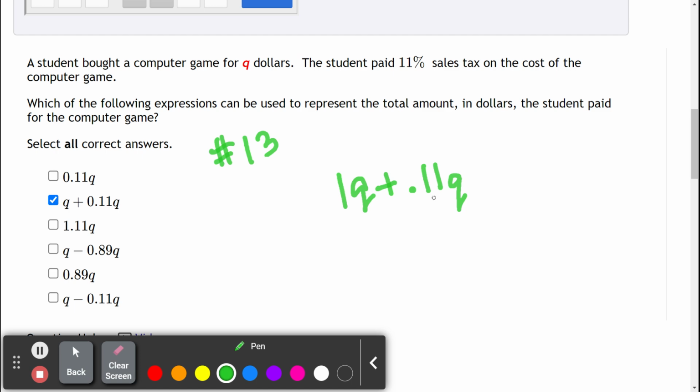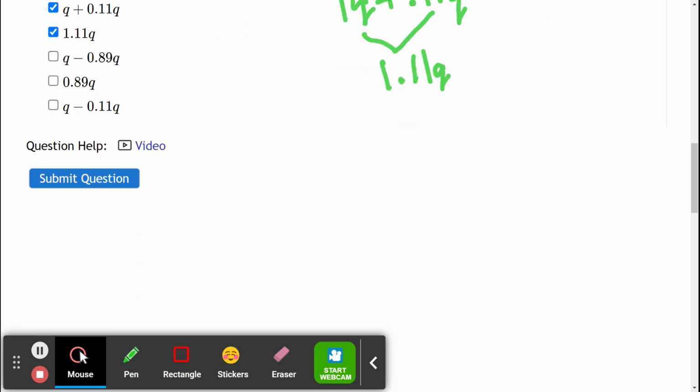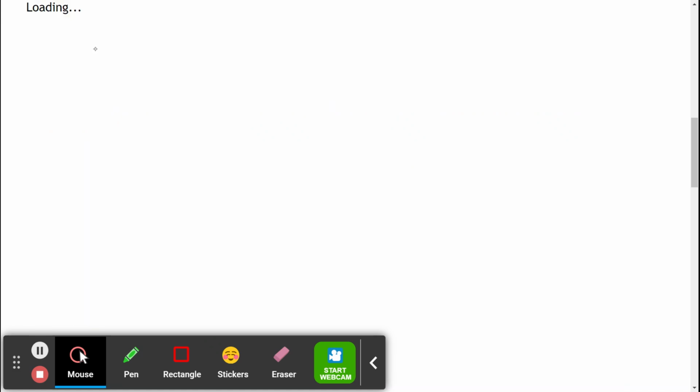So 1 plus 0.11 is 1.11Q, and I imagine that would be there too. Yeah, it is. I see it. I don't think there's any other way that this is expressed. So that's what I'm going to go with. And I submit, and it's good. Okay.